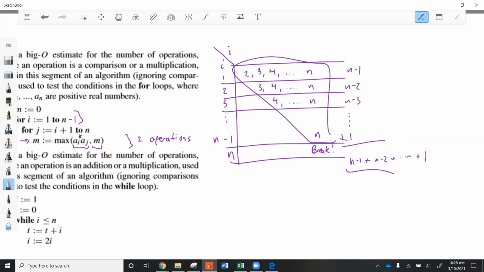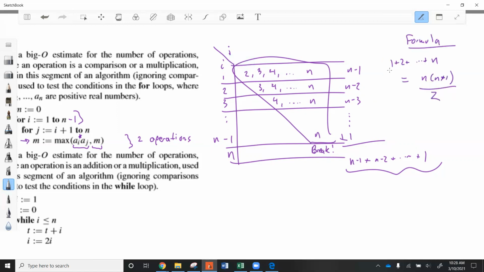So there's a formula for this, that you may remember from calculus: 1 plus 2 plus up to n, so adding up the first n numbers, is n times n plus 1 all over 2. This is the formula you used when you first started doing integration in calculus. That look familiar?